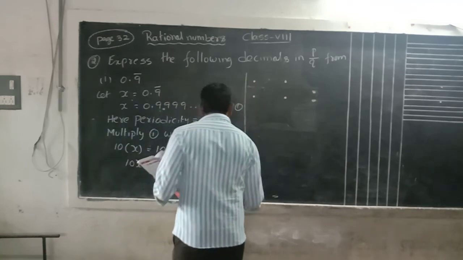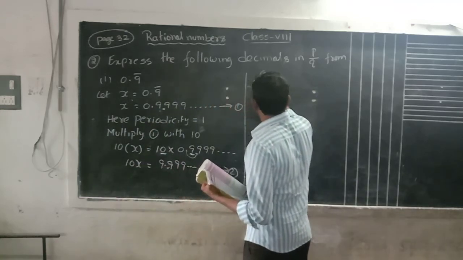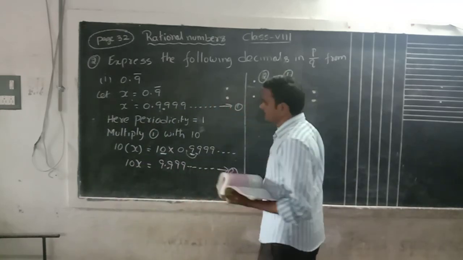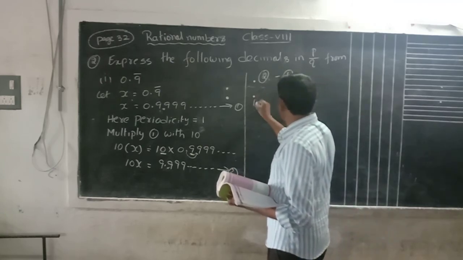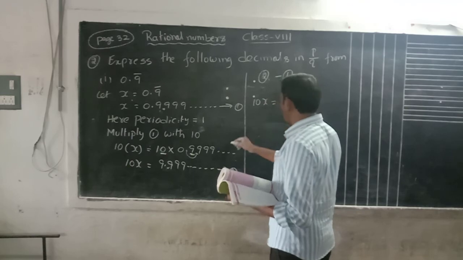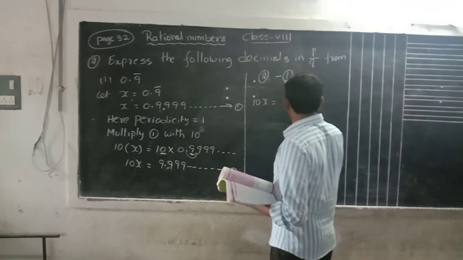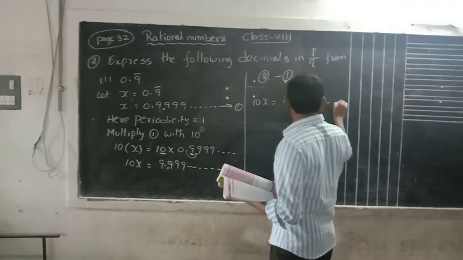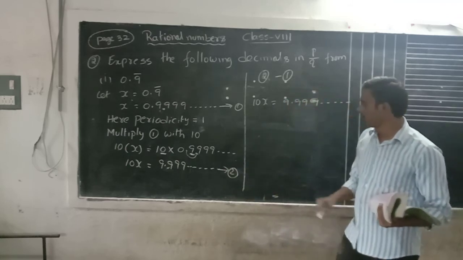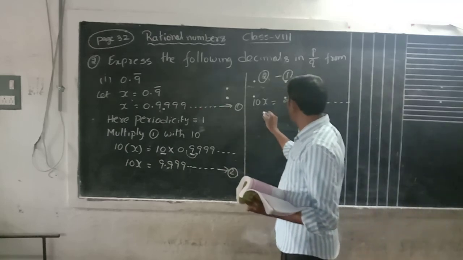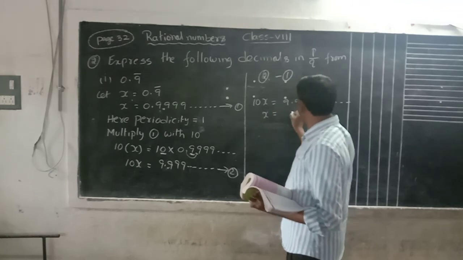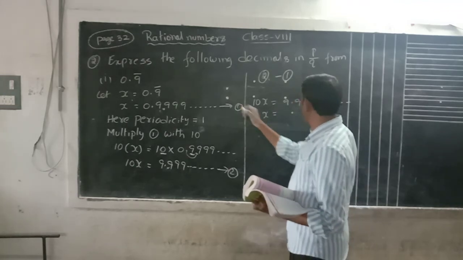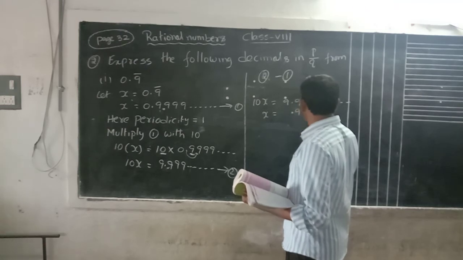Now subtract equation 1 from equation 2. Equation 2 is 10x equals 9.999 and so on. Equation 1 is x equals 0.999 and so on.